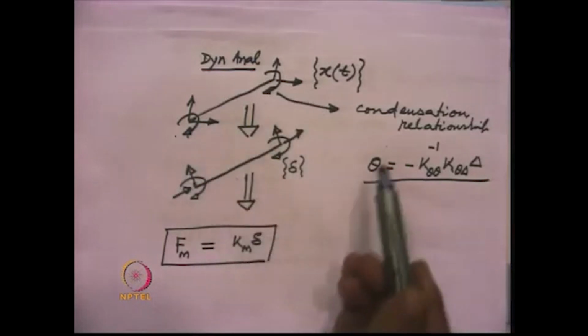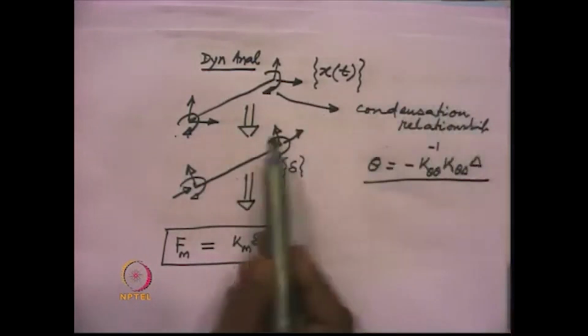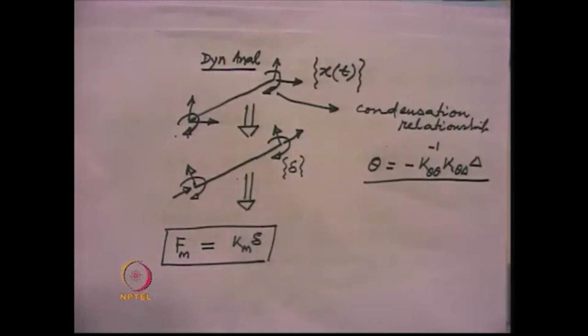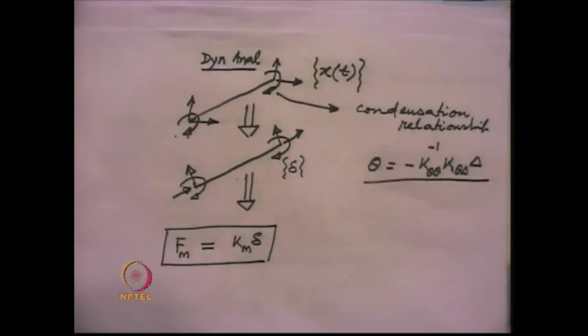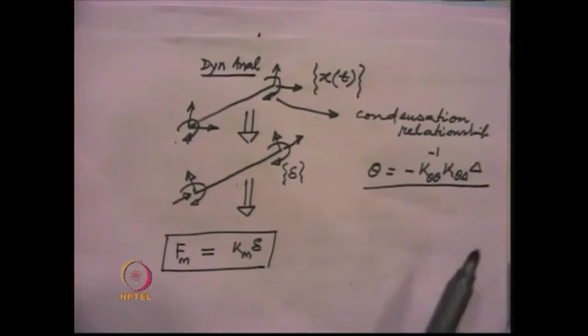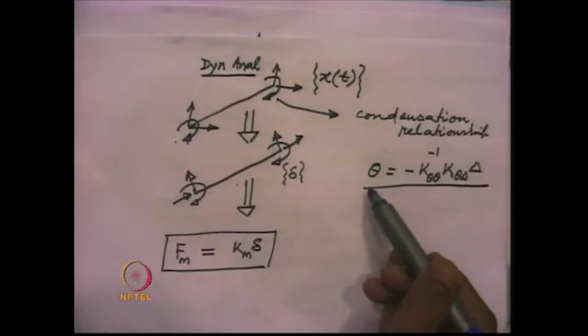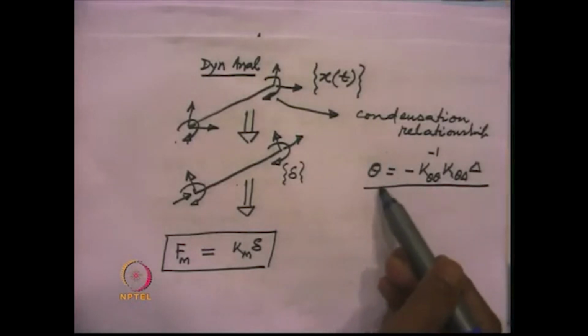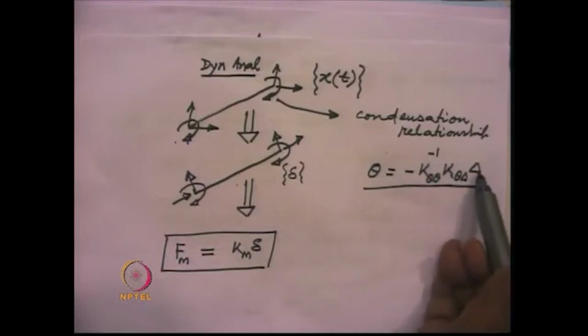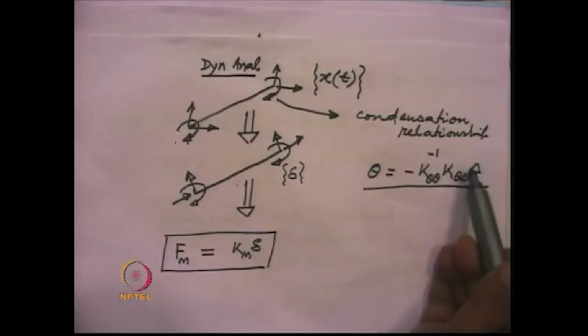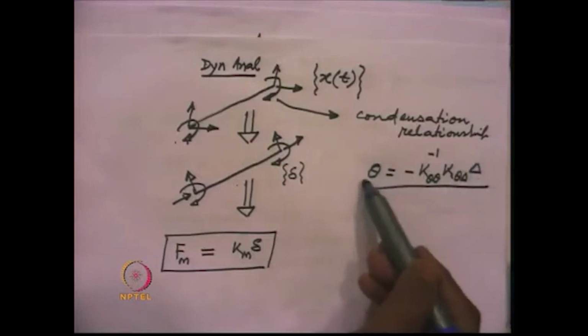In order to obtain that, we use the condensation relationship that we had obtained before for finding the condensed stiffness matrix corresponding to the dynamic degrees of freedom. If you recall, the rotational degree of freedom is written as minus k theta theta inverse into k theta delta into delta, where delta is the dynamic or translational degrees of freedom, and theta are the rotational degrees of freedom that we wish to condense out.